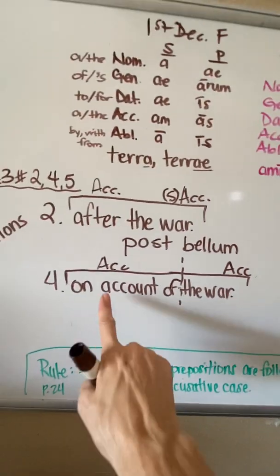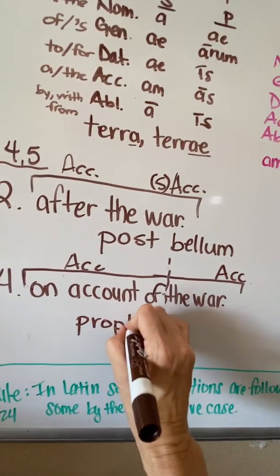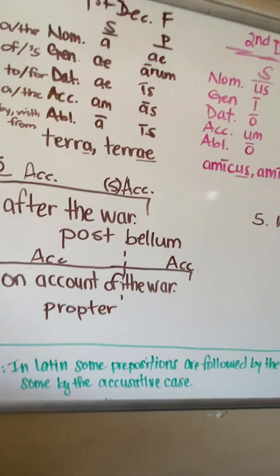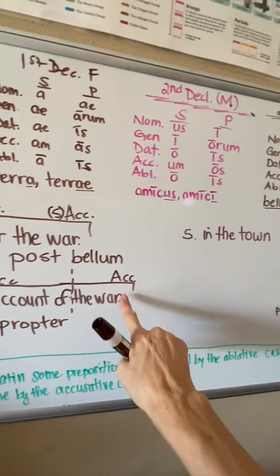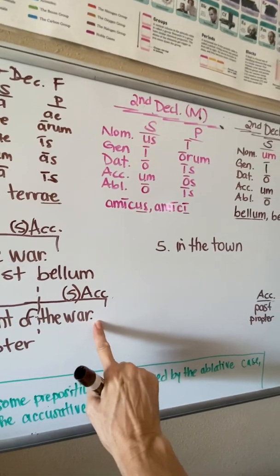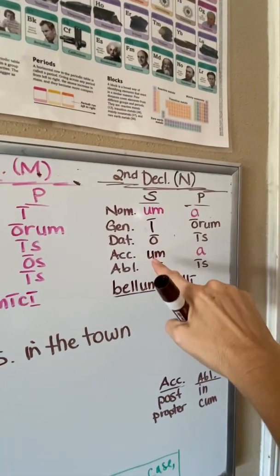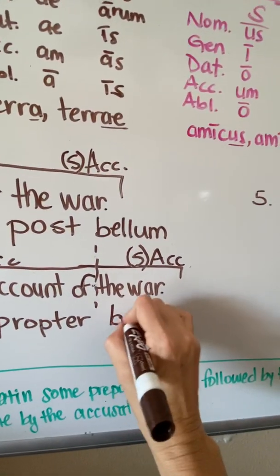So I place down the preposition propter, and then war is accusative. It's also singular. It doesn't say wars. So I come back up, and I'm working in the same thing, singular, accusative, that's my ending. So I'm going to put down the word bellum.